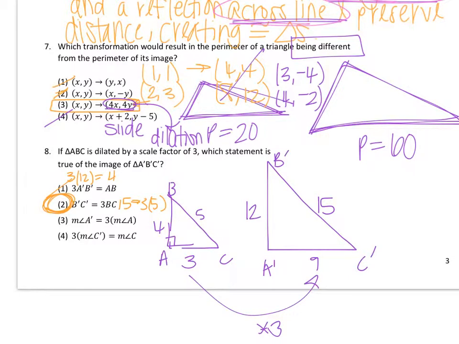Choice 2 should be our answer. The next one says that measure of angle A prime, which is a 90-degree angle, is 3 times measure of angle A, which was 90 degrees. This is not true, so choice 3 is out. Then same type of thing here, angle C, we don't have an actual value for it, but angles are congruent in a dilation. So again, choice 2 for number 8.